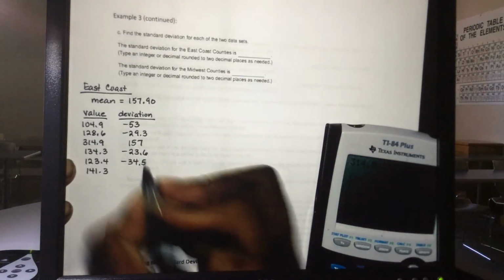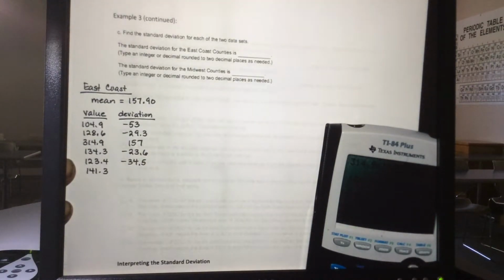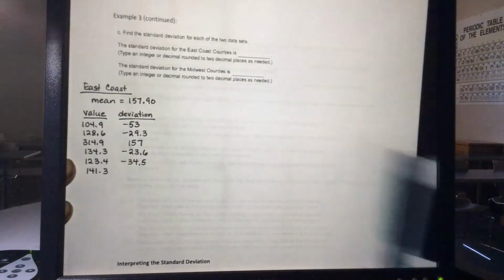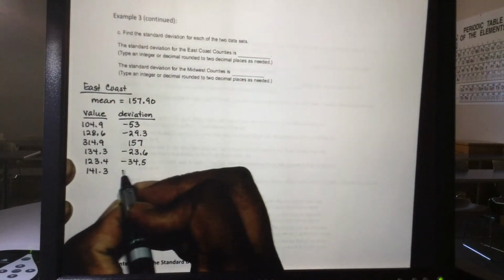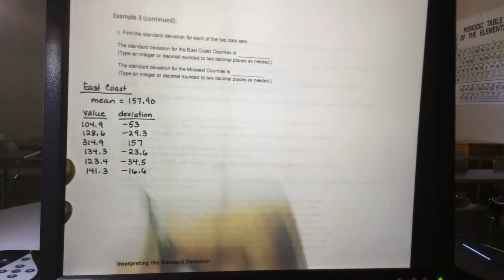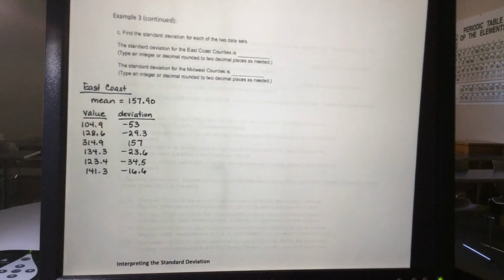And finally, 141.3 minus 157.9 would give me negative 16.6. Each of those is the deviation for each data value, because it's the data value minus the mean.